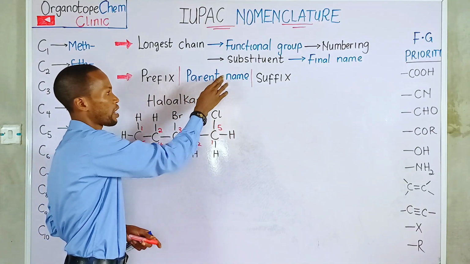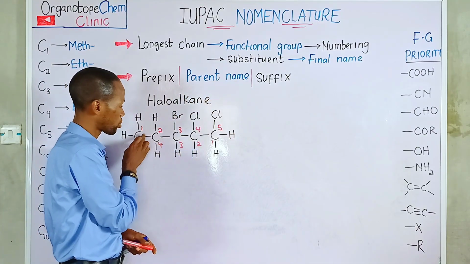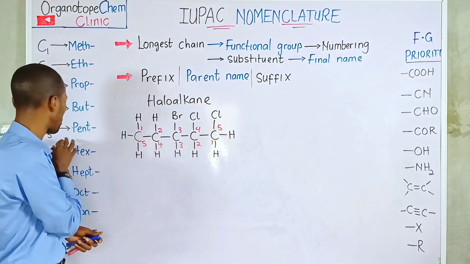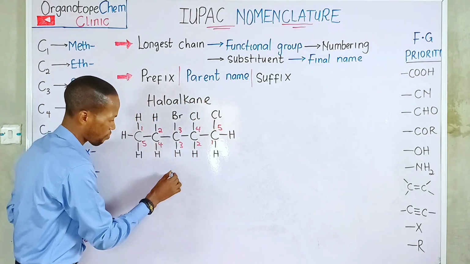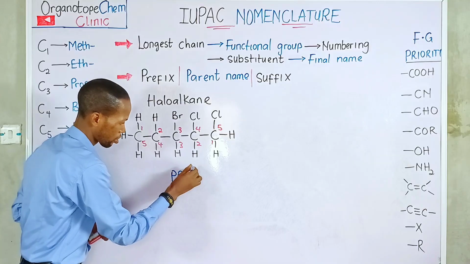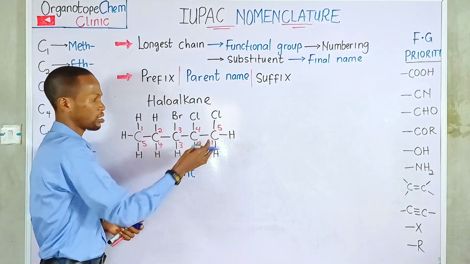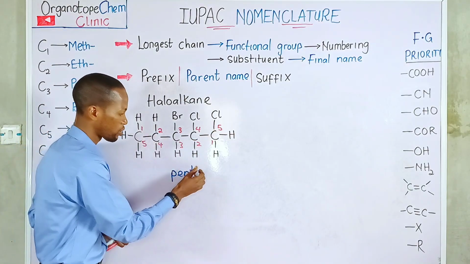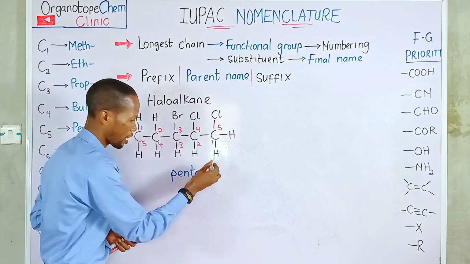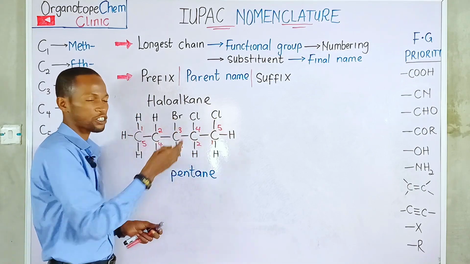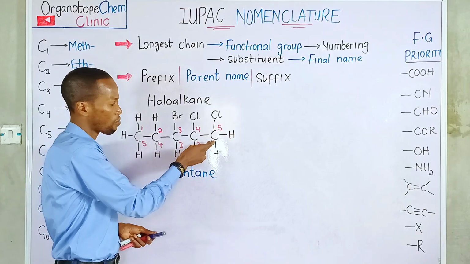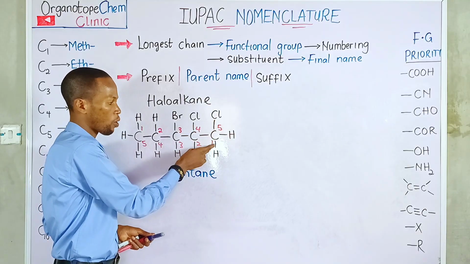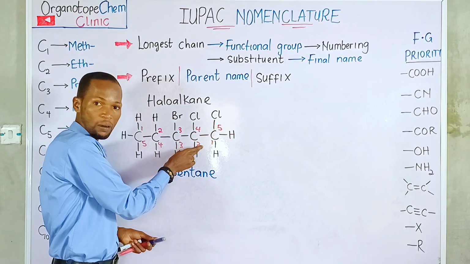We have the parent name, which is 5 carbons, 1, 2, 3, 4, 5, which is what? Pent for the parent name. And since it is single bond all through, I can put the suffix ane. Can we consider the attached groups? We are considering the backward numbering. Therefore, we have a chlorine atom on carbon 1 as well as carbon 2.